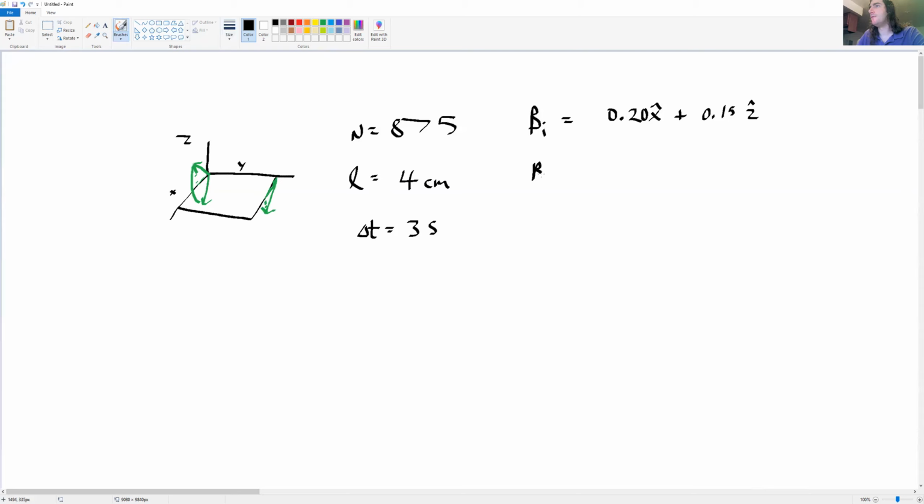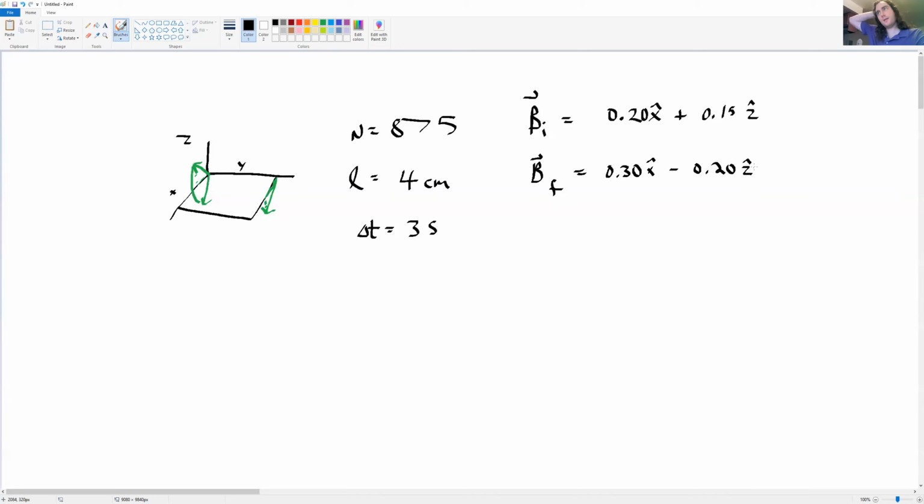And then B final is going to be 0.3 x hat minus 0.2 z hat.